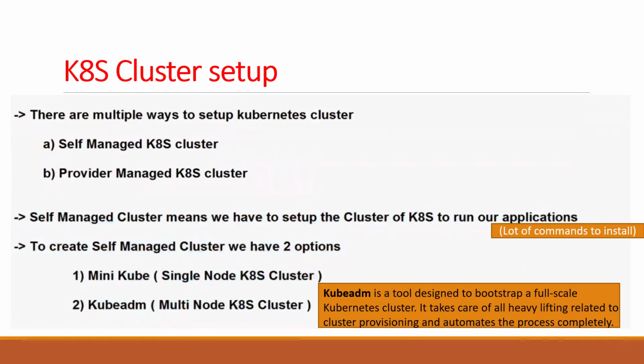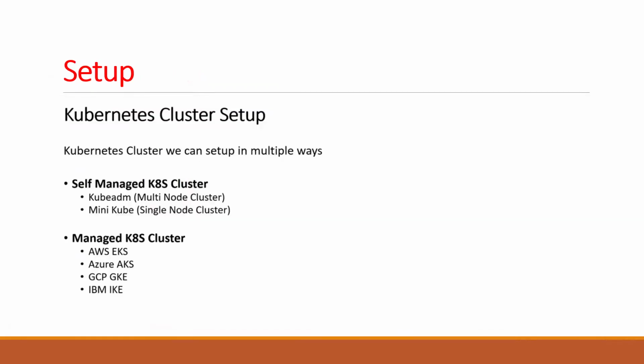It takes care of all the heavy lifting related to cluster provisioning and automates the process completely. Minikube is a single-node cluster, so we cannot lift heavy loads with it. But kubeadm can, and it automates the Kubernetes cluster setup completely.